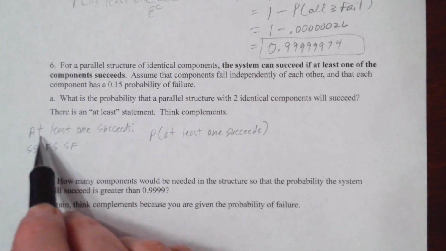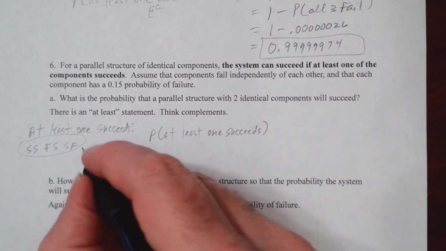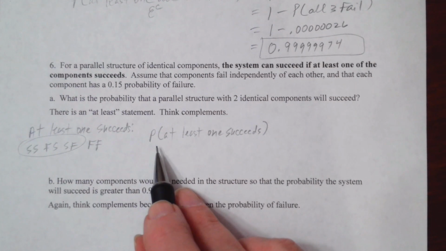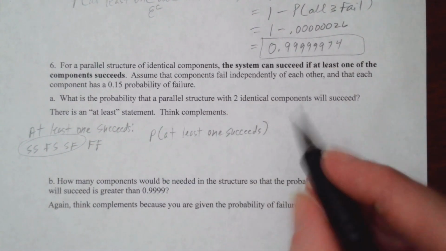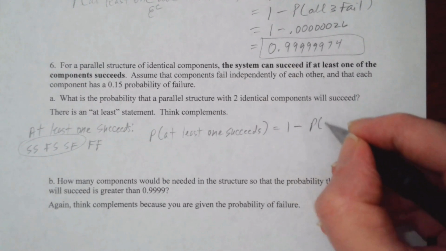And so that would be the cases where at least one succeeds. What's the complement of that? And again, really these are complements of one another. That would be if they both fail. So if we want to find the probability at least one succeeds, it's 1 minus the probability both fail.